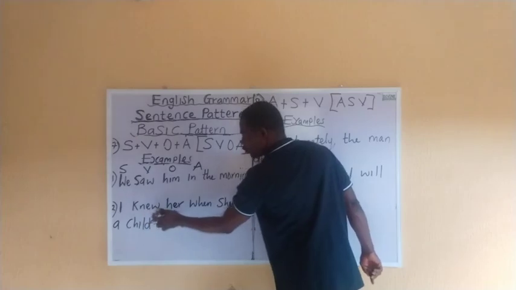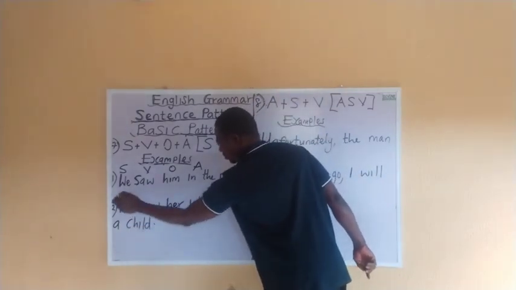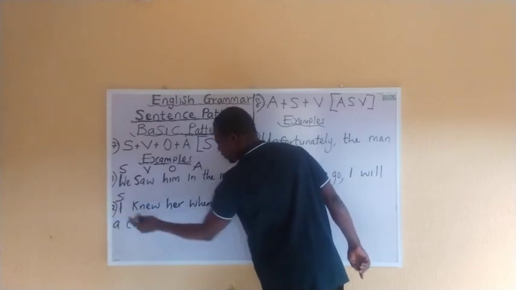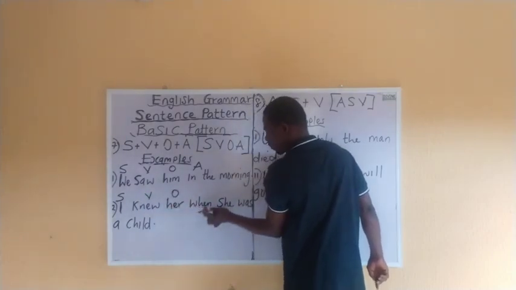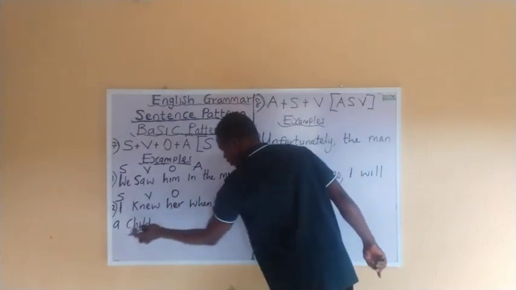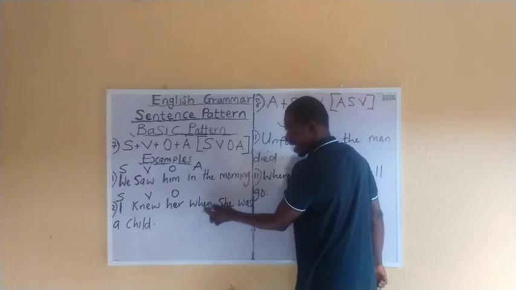Number 2, I knew her when she was a child. I, subject; knew, verb; her, object; when she was a child is an adverbial clause of time.